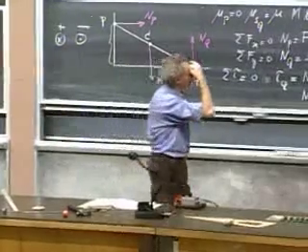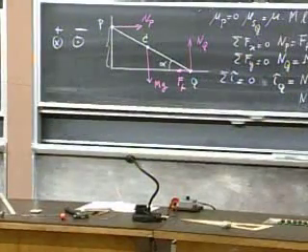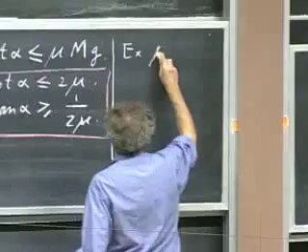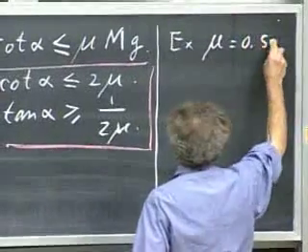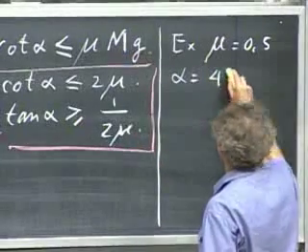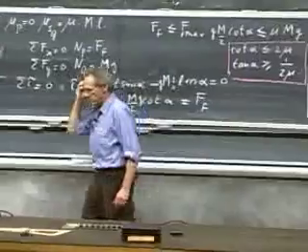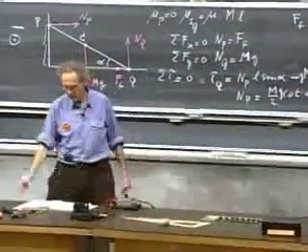If we take some numerical examples, for instance, mu equals 0.5, then alpha would be 45 degrees. And if the angle is any less, then it will slide.